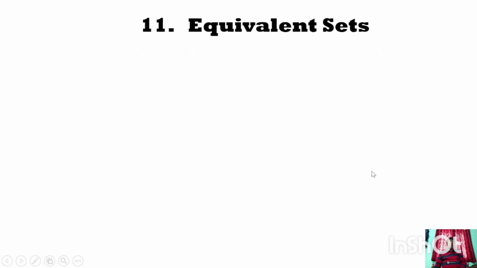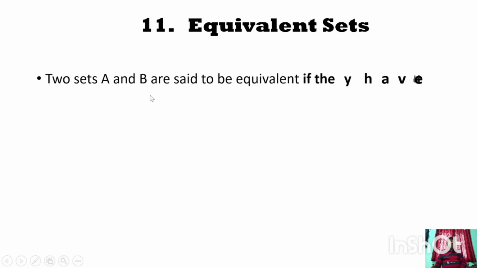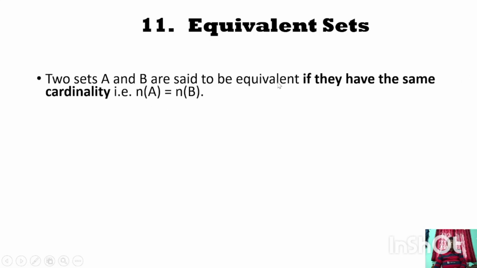This is one of the important and vital concepts of set theory: equivalent sets. Two sets A and B are said to be equivalent if they have the same cardinality.